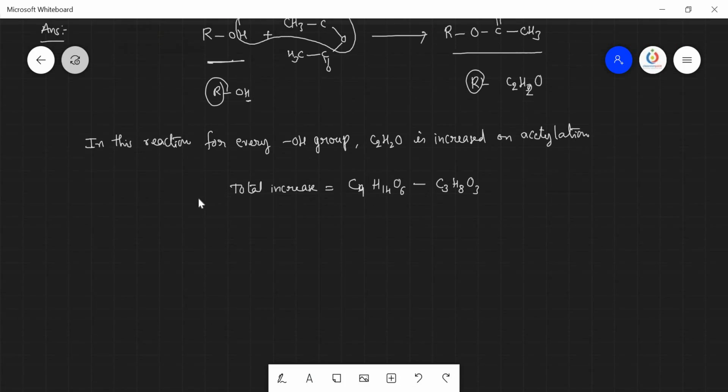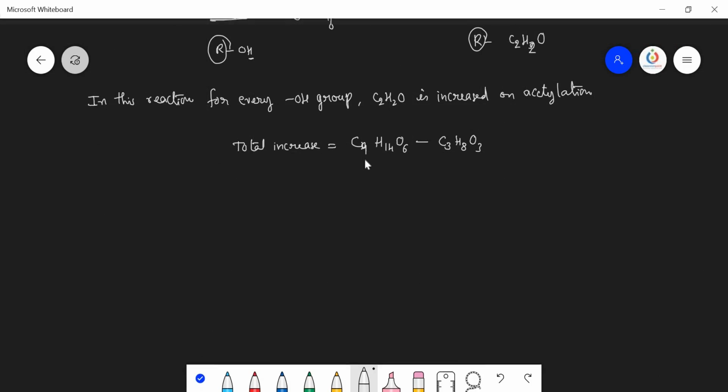If you subtract C3H8O3 from C9H14O6, what will you get? 9 carbons and 3 carbons means you will get 6 carbons. 14 hydrogens and 8 hydrogens means you will get 6 hydrogens, and 6 oxygens and 3 oxygens means you will get 3 oxygens.